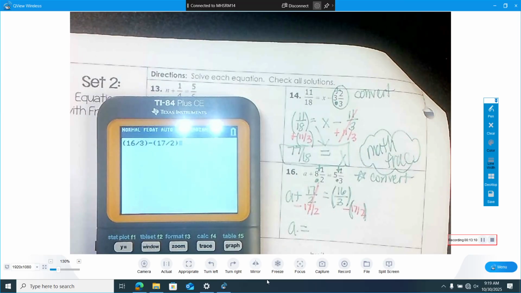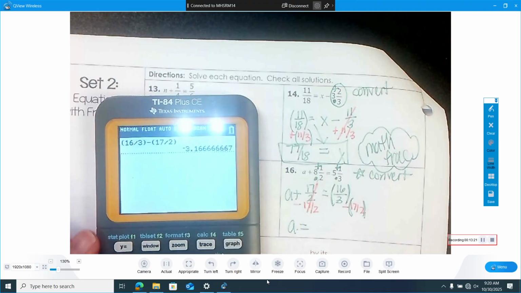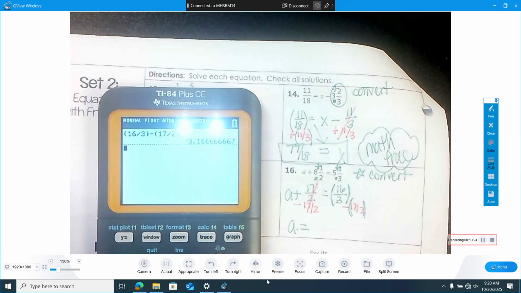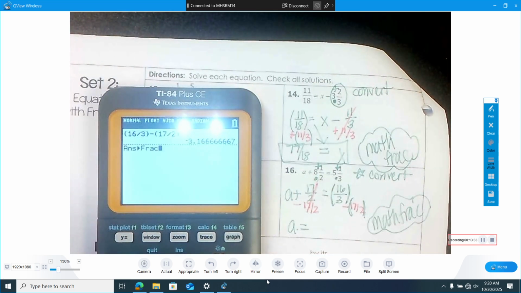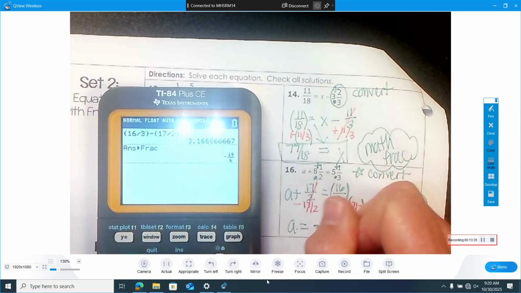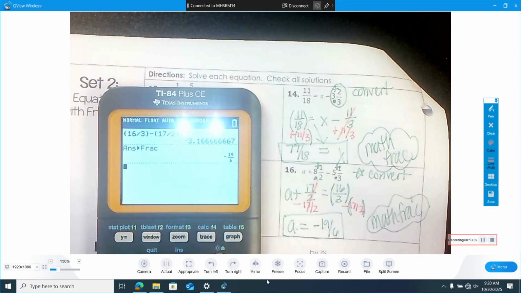Adding and subtracting is not usually a problem. It's the multiplying and dividing that really gets us. This is a crazy decimal, not too crazy though. It's repeating, which means it is a rational number. So I need to do what? Math frac again, because things that go on forever are no-no. So we math frac it, and I'm getting negative 19/6. Negative 19/6.